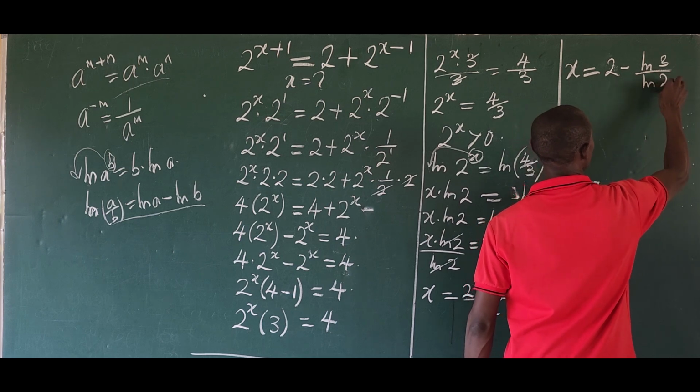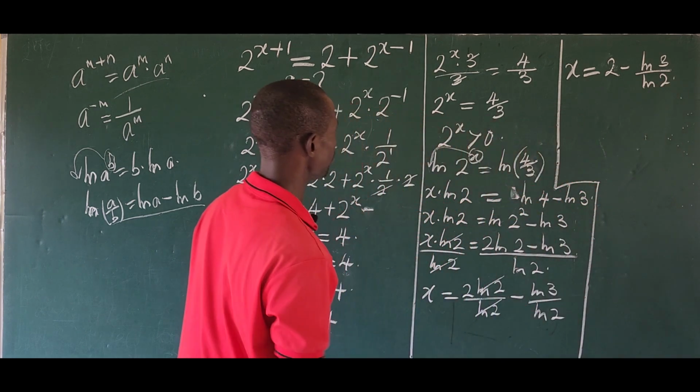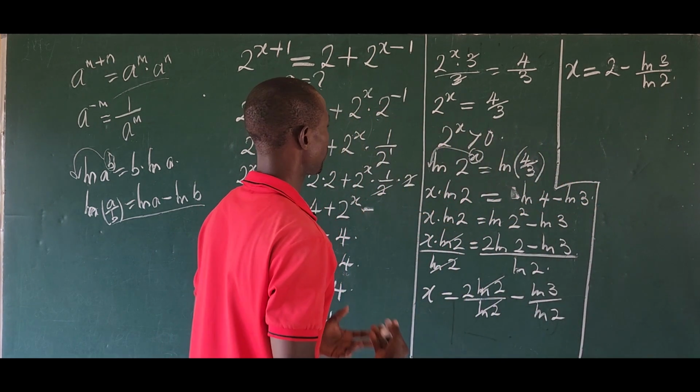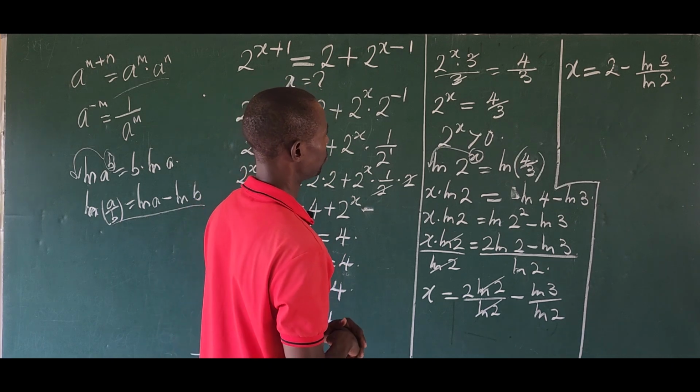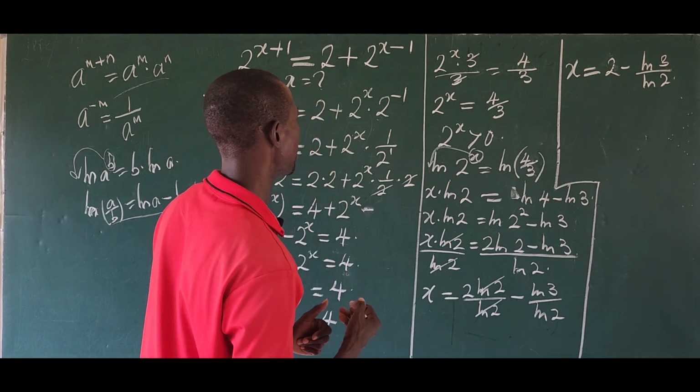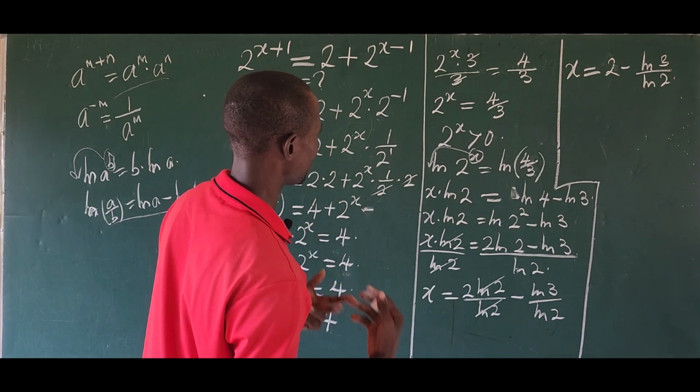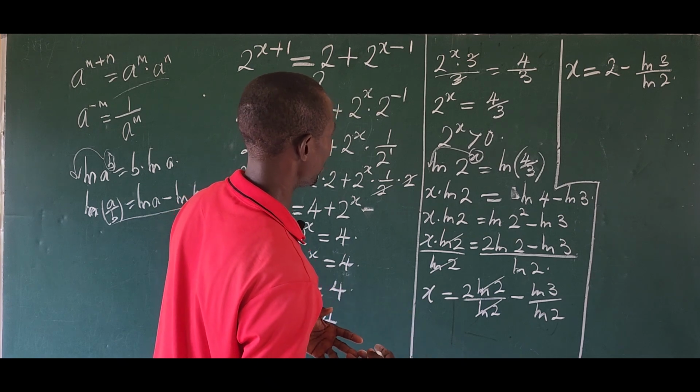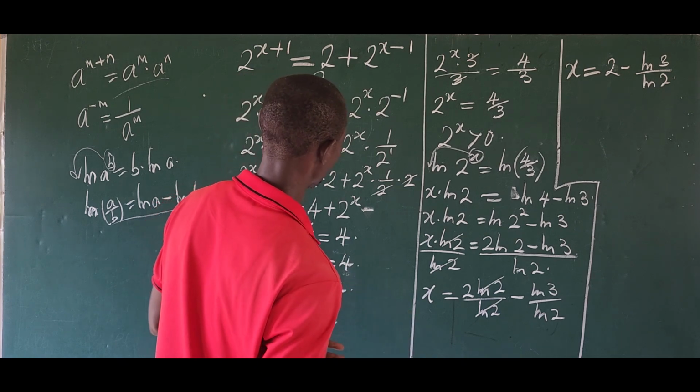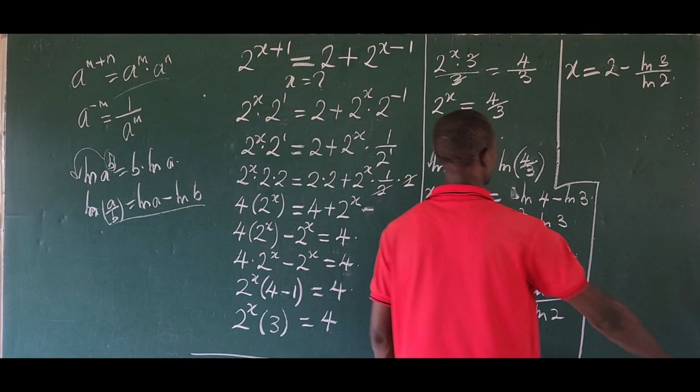So x will now be equal to 2 minus the ln of 3 all over the ln of 2. So we can get the numerical value for the ln of 3 and that of 2. The ln of 3 is 1.099, and the ln of 2 will give us 0.6931.